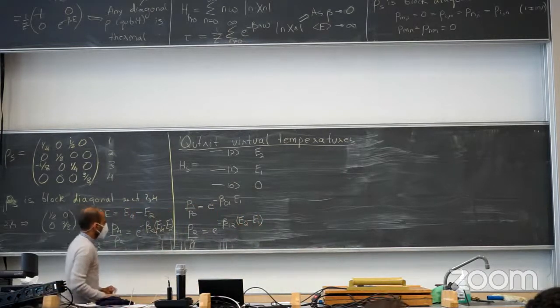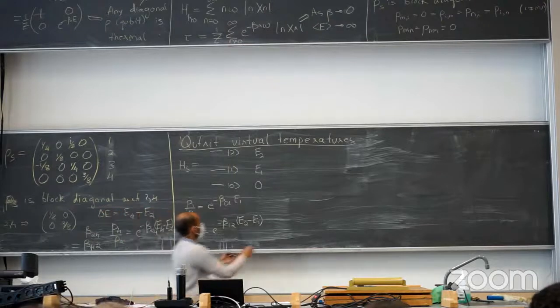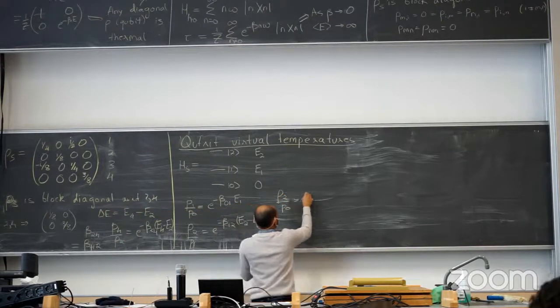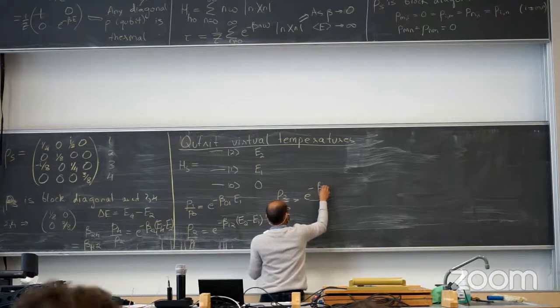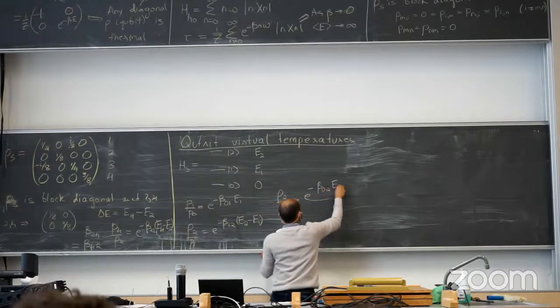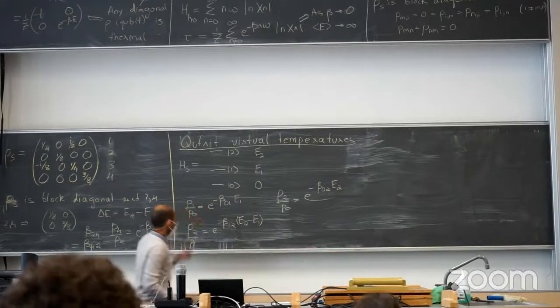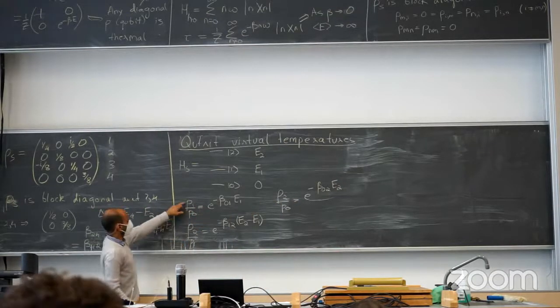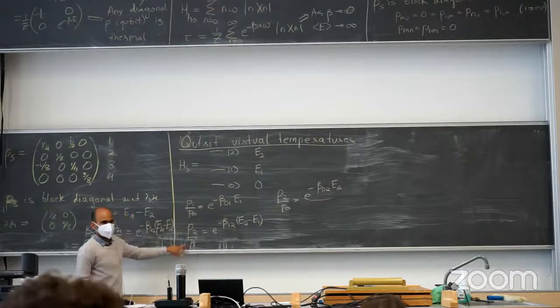Now I can do the same and say P2 upon P0 is equal to e to the minus beta 02 E2. But I can also calculate P2 upon P0 from these 2 equations. Because if I have the ratio P1 upon P0 and P2 upon P1, I can multiply them to get P2 upon P0.